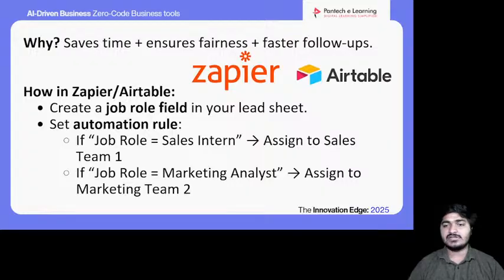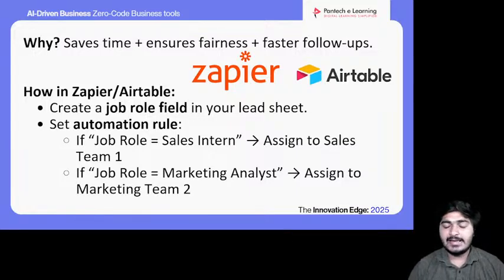Create a job role field in your lead sheet. In our sheet we will create a job role field, that will be our key for the automation. Using that only, we are going to assign the roles. So create a job role field in your lead sheet and set the automation rule. This is the programming level.